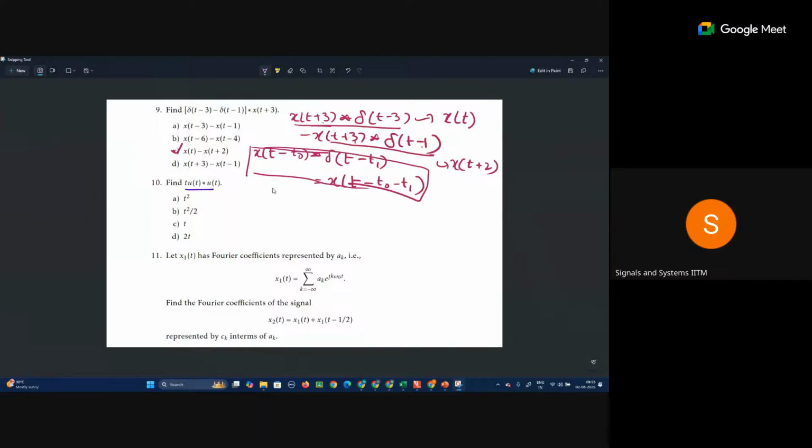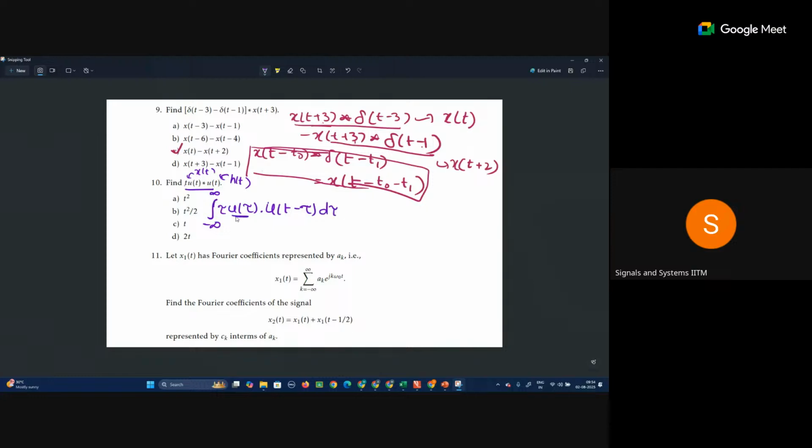So we'll be doing this now. Since we know the formula for convolution, it will be from minus infinity to infinity. I'm considering t u of t as x of t and u of t as h of t. So x of tau, substituting tau, is tau times u of tau into u of t minus tau d tau.